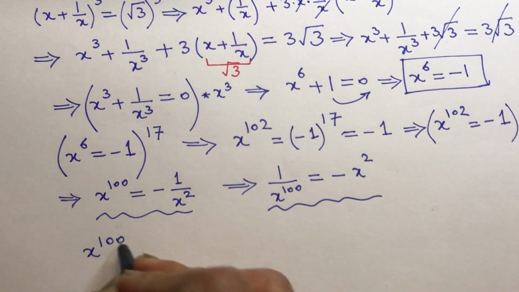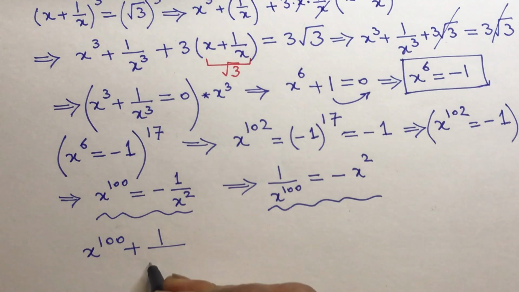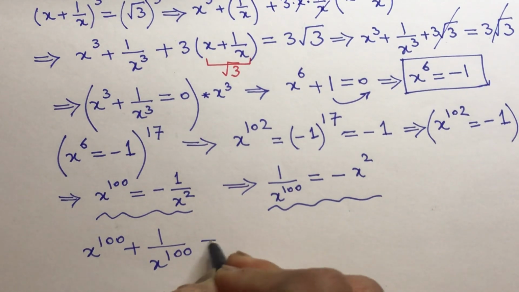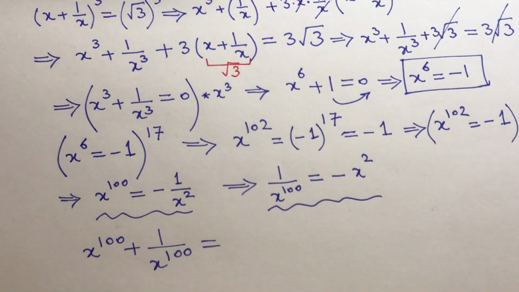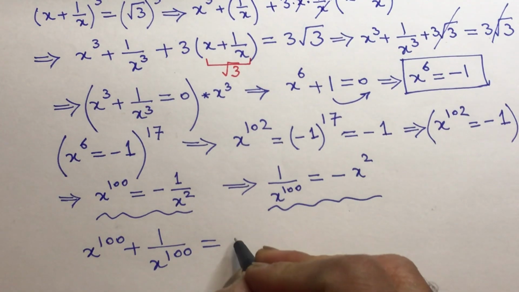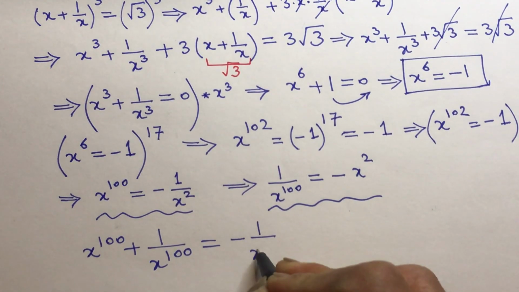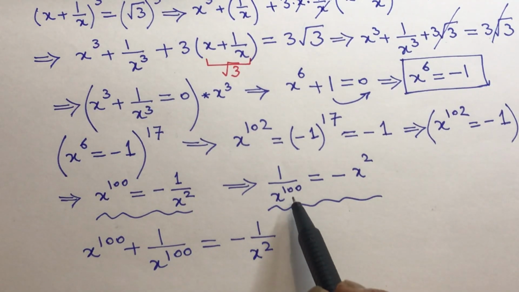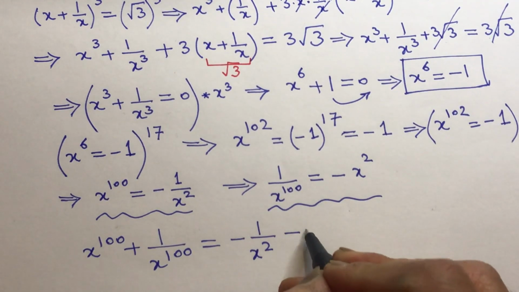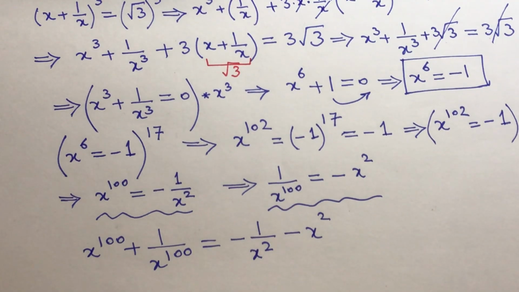x to the 100 plus 1 over x to the 100. Very simple, we can just replace these terms here. x to the power of 100 is minus 1 over x squared, and 1 over x to the power of 100 is minus x squared.